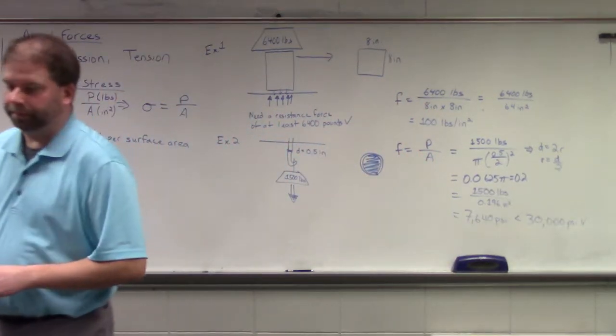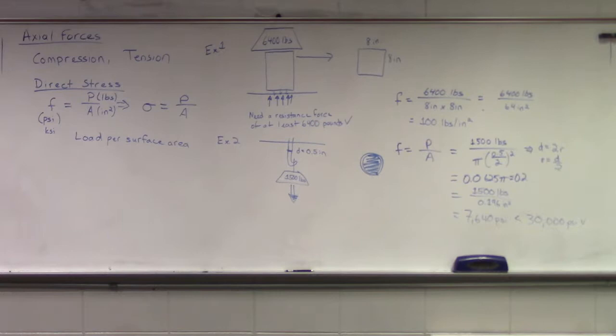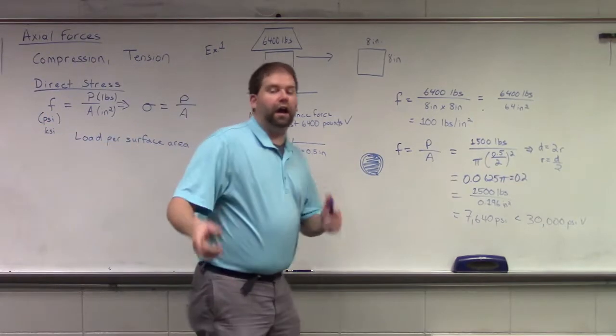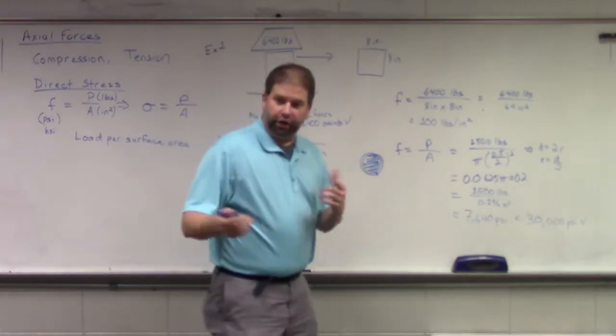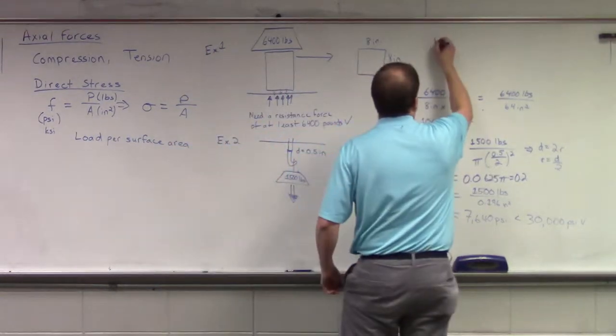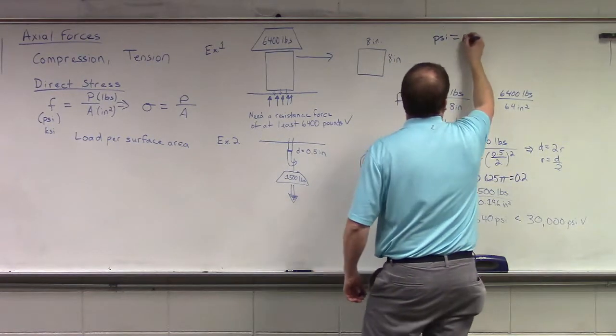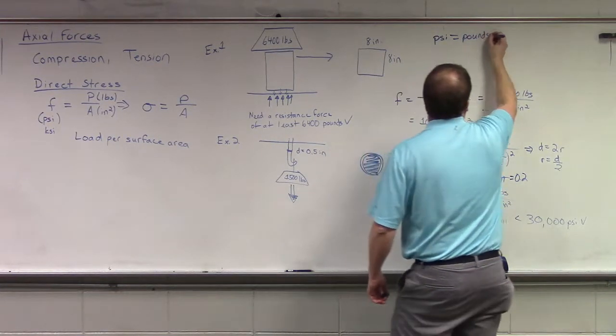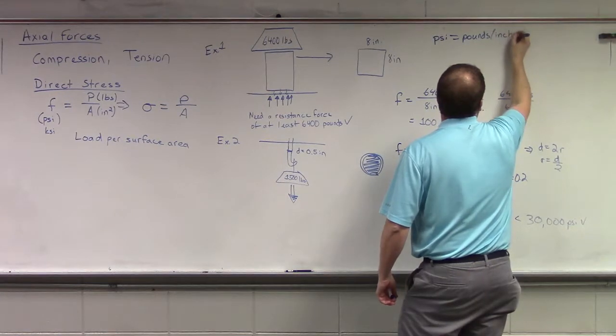How do you know if you're going to use PSI or KSI? Will the question state it? It'll be stated. The other thing to keep in mind is that PSI is pounds per square inch.